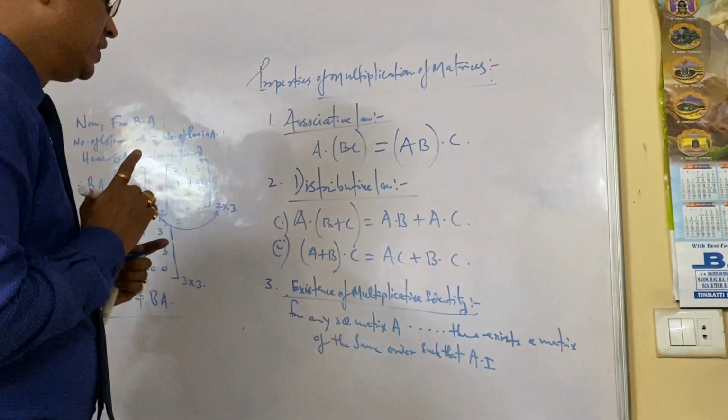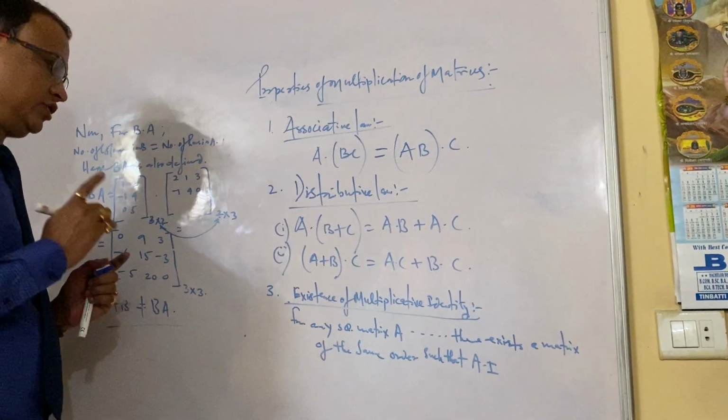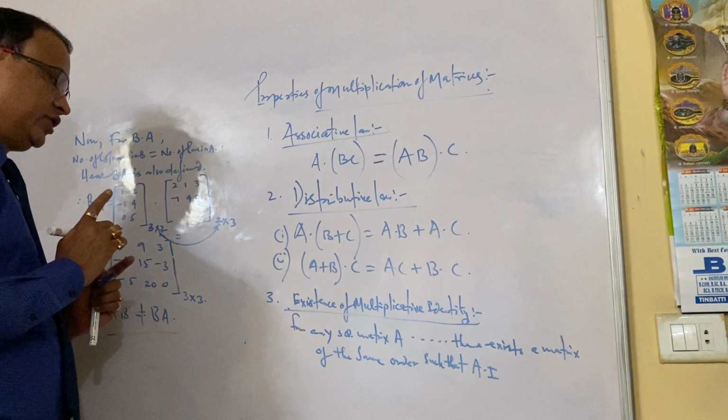We have already discussed I2, I3, meaning 2 by 2, 3 by 3, which are called identity or unit matrices.